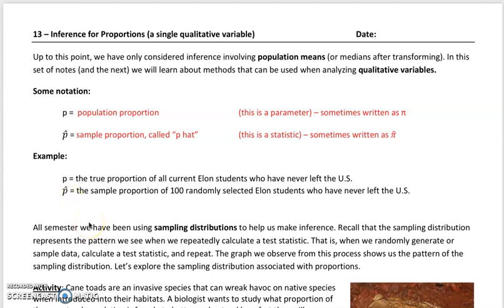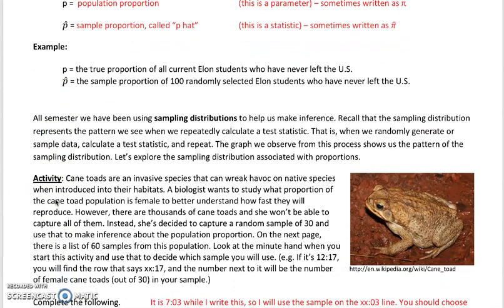And so we've done some examples where we randomly generated or sampled data over and over, calculated a test statistic, and then repeated the process. This process of generating a sampling distribution helped us understand what's a typical thing that we would see, what's sort of an unusual thing that we would see. And we can do the same sort of thing with proportions. So we're going to do an example where we try to do that.